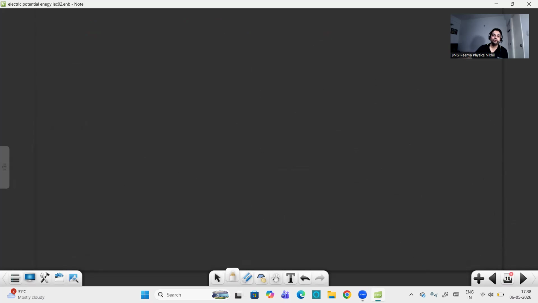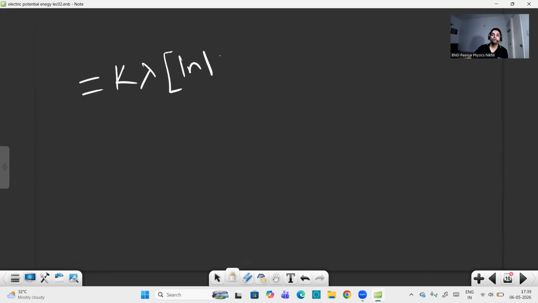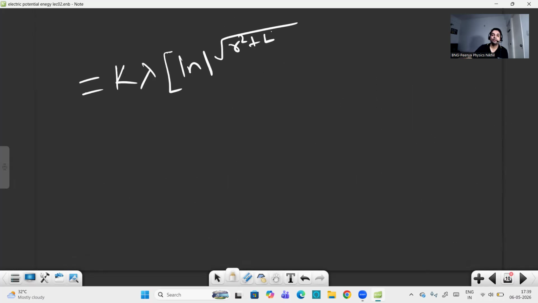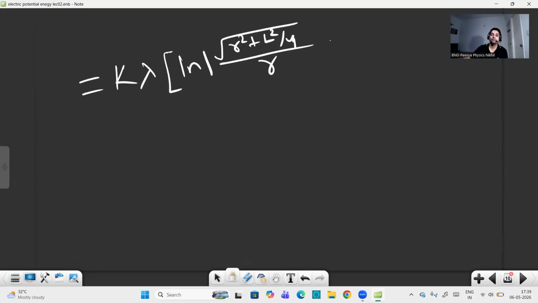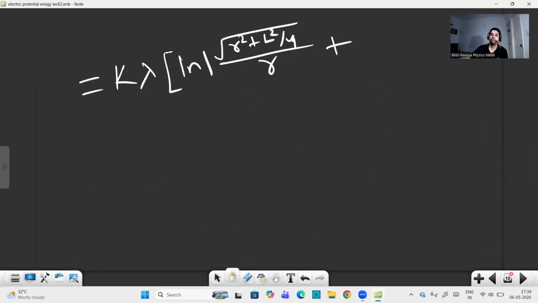So now you will write k lambda ln mod, here the x value you put L by 2, so it will be root under r square plus L square by 4, divided by r, plus L by 2r, over r square plus L square by 4 divided by r minus L by 2r.